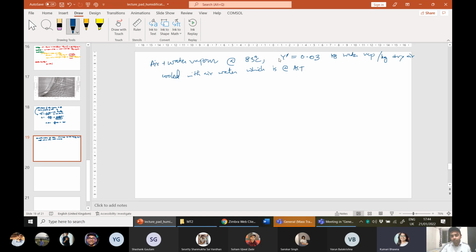I do not tell you what the adiabatic saturation temperature is, but very easily you can work that out. Now it is cooled to 90% humidity. Now I want you to tell me what is the final temperature of the air. Please try this out.